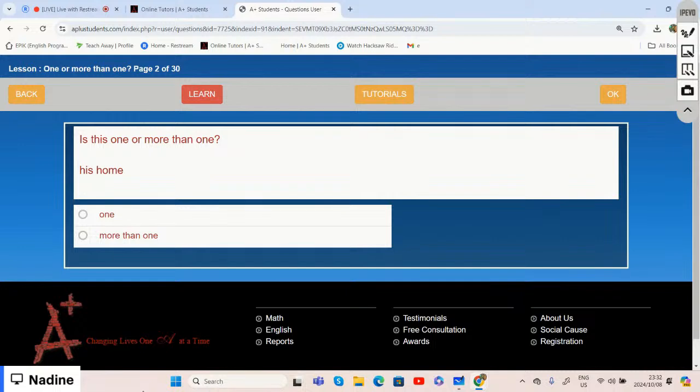One or more than one. And if we were to choose if it's one or more than one, then we're going to say his home makes mention of it only being one.